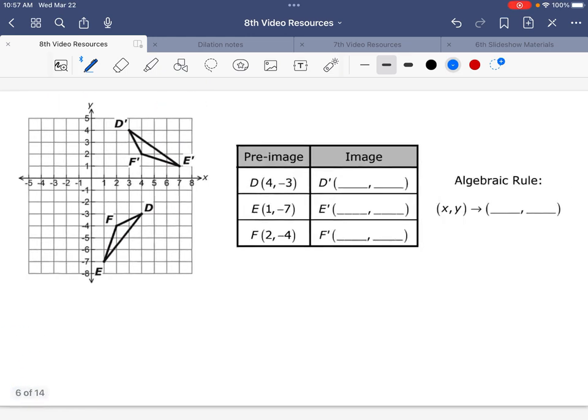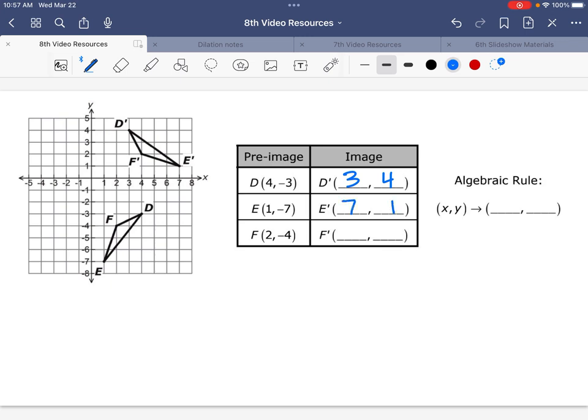All right, and the last one. So now we have pre-image DEF and then image D prime, E prime, F prime. And so D prime is located at (3, 4). E prime is located at (7, 1).